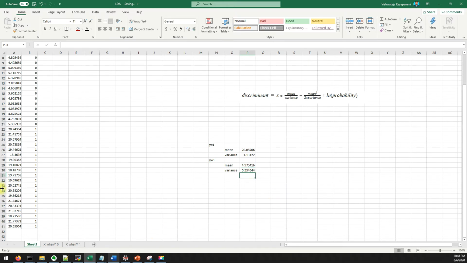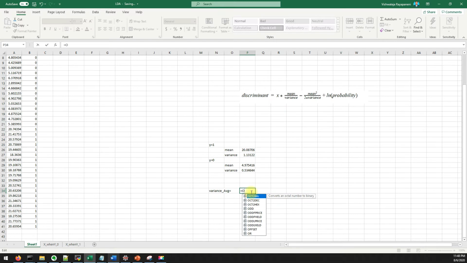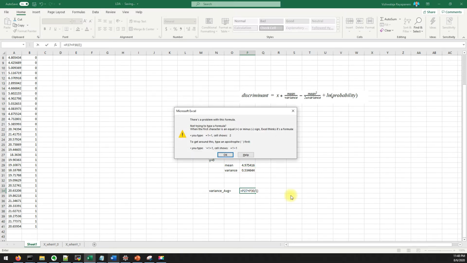Now what we need to do is find the average of the variance when y equal to 1 and y equal to 0, right? So the variance average is equal to this variance plus this variance divided by the degree of freedom.